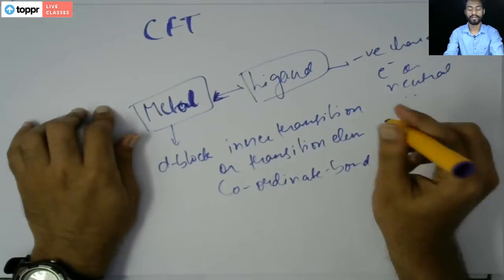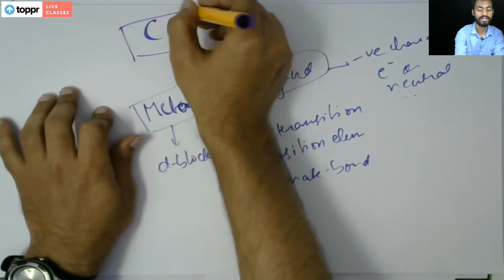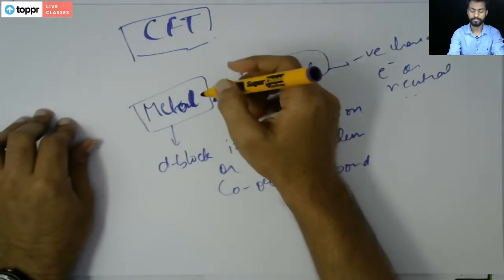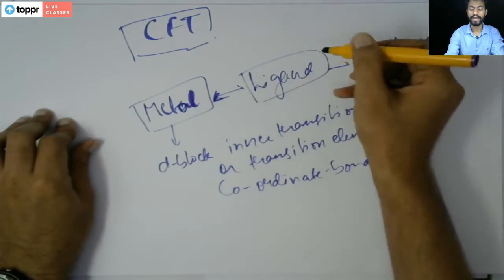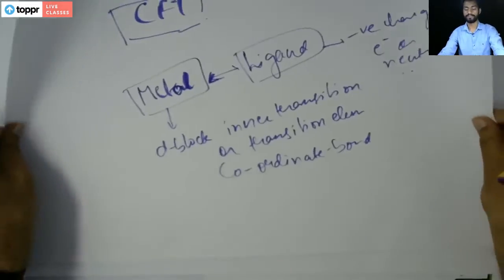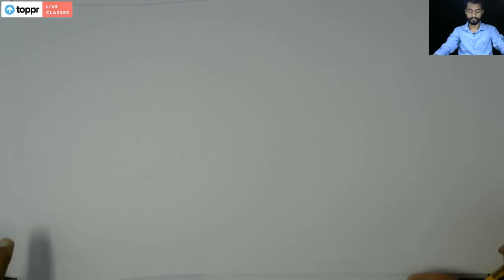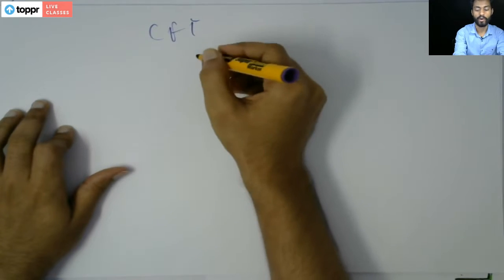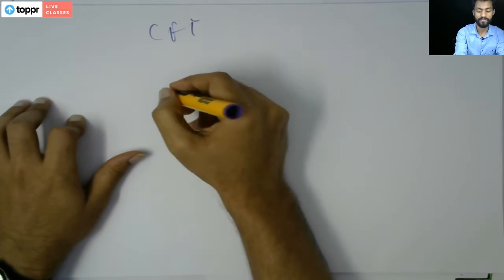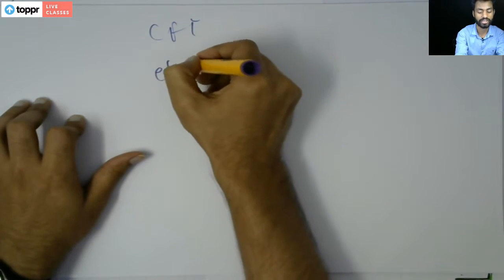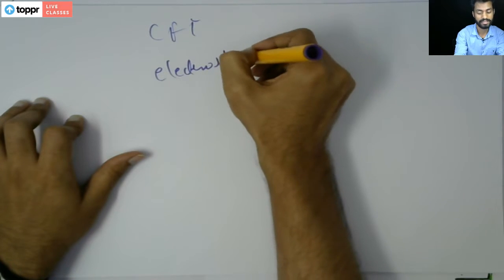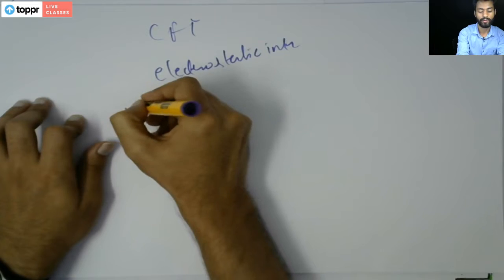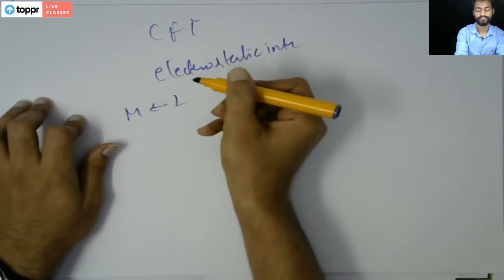Now we'll study what CFT is. What is basically all about CFT? According to CFT, ligands are considered as point charges in which there is electrostatic interaction. Please make note of this point: electrostatic interaction between metal and ligand.